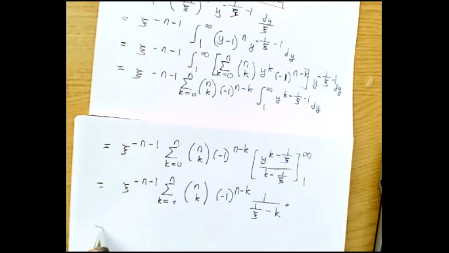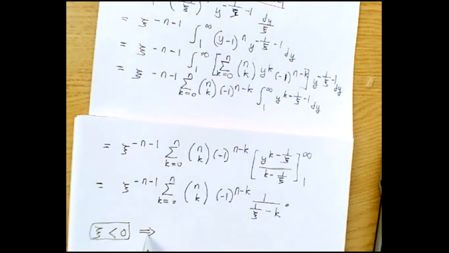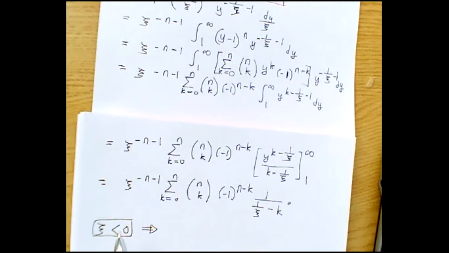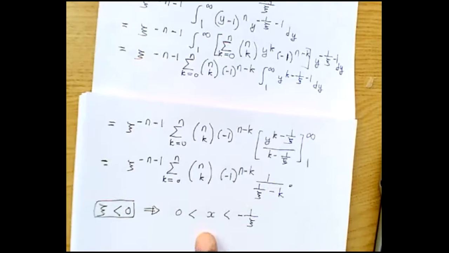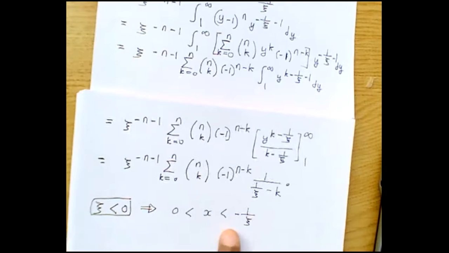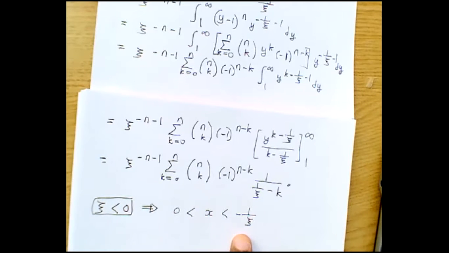Now the second case that we need to consider is psi less than 0, right? In this case, if you look at my video on the GP distribution, the domain for x is, if psi is negative, from 0 to minus 1 over psi.